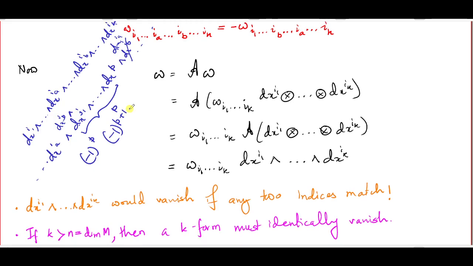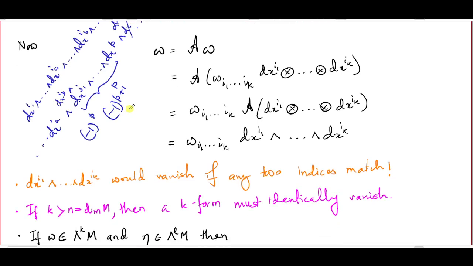Now, one immediate consequence of this is that if the rank k of a k-form is more than the dimensionality of the manifold, then the k-form must identically vanish, because then no matter what I1 through Ik you choose, there will always have to be at least two which match. Simply because you don't have that many different values of i's to put in. You have only n distinct i's you can put, and if k is more than n, you will run out of distinct indices to put in.